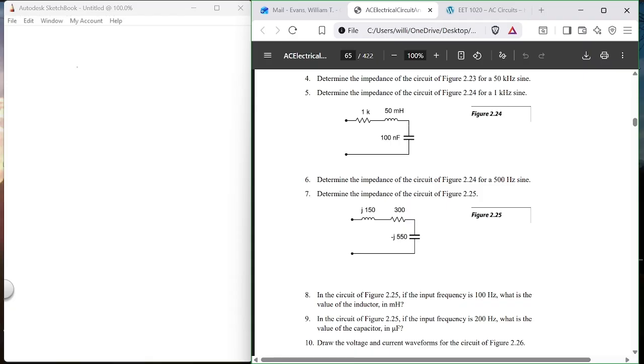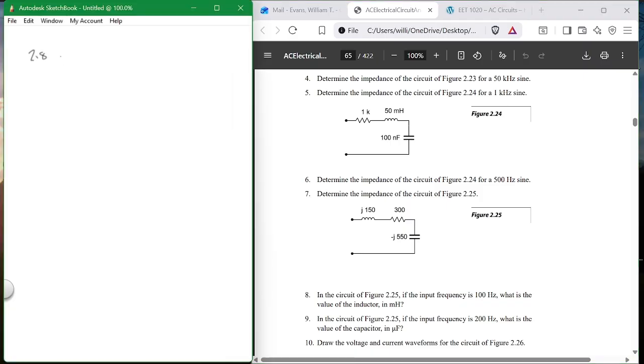So for number 8, X sub L is equal to 2 pi FL. Now, we know there's also a J in front of it, but we can ignore the J for this point. Okay, so we can ignore the J.